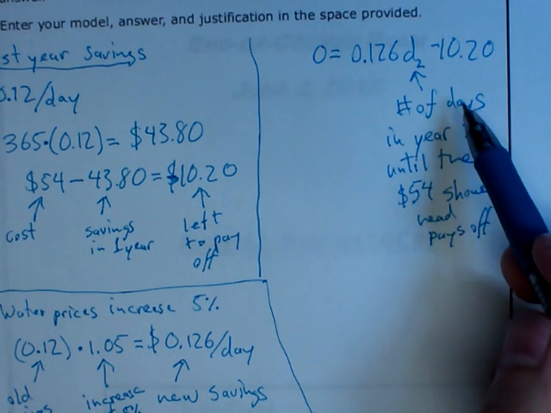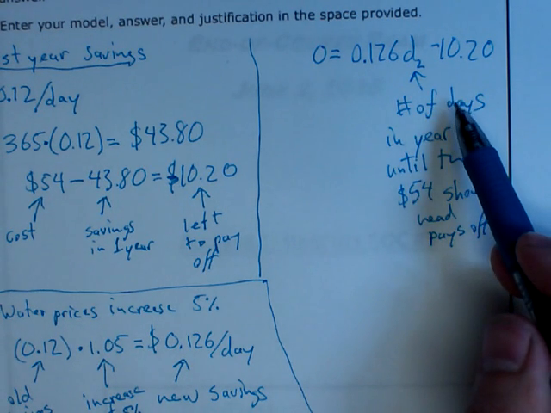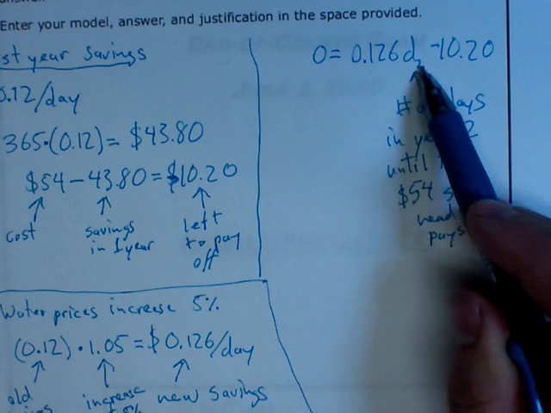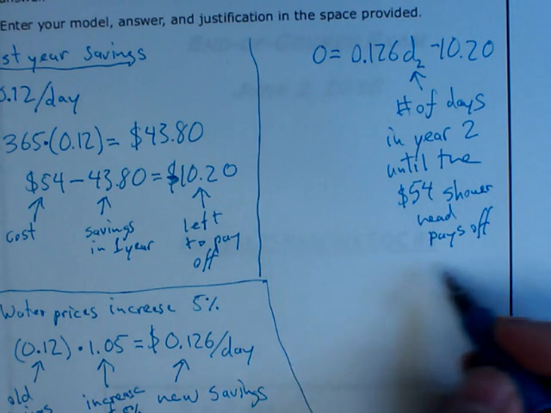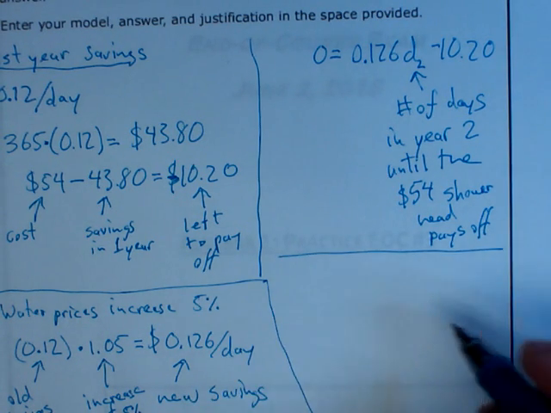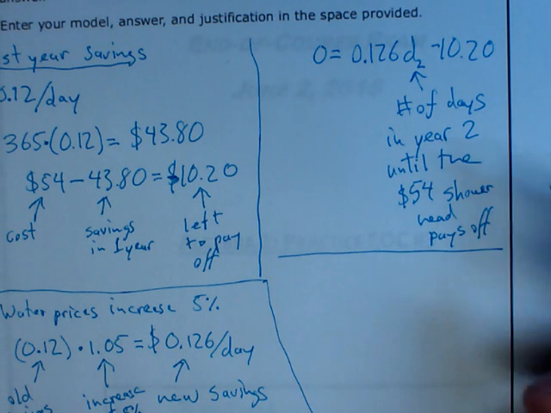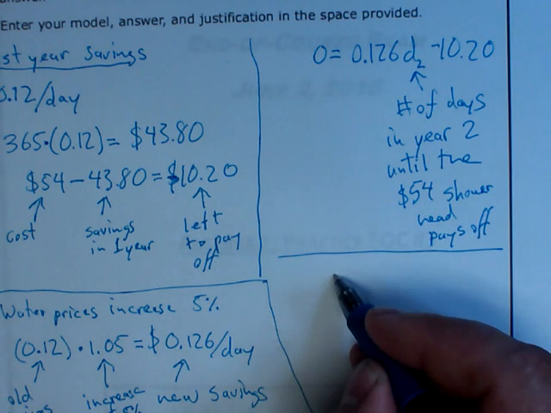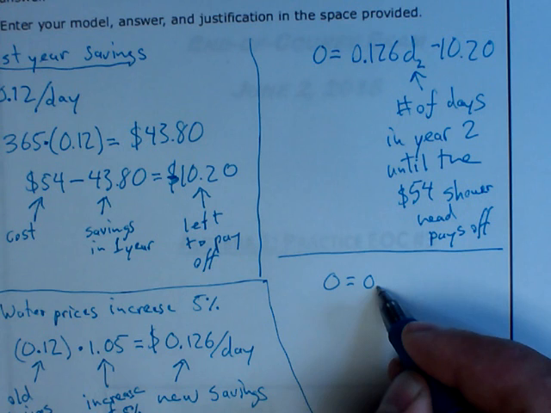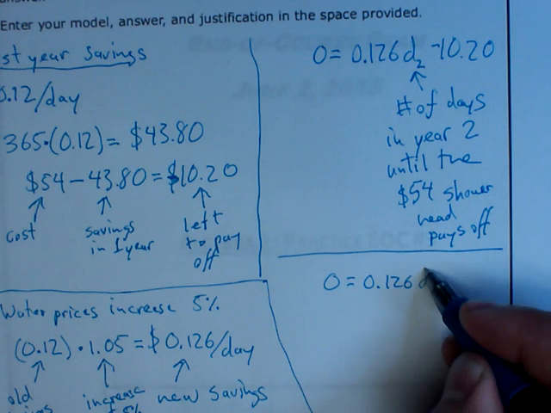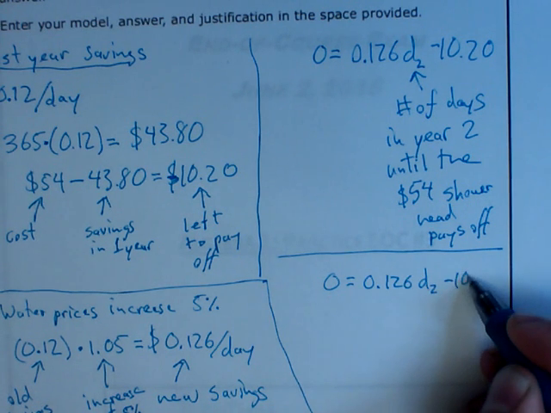So if I solve this equation for D sub 2, I'm going to get the number of days that I want. So 0 equals 0.126 D sub 2 minus 10.20.